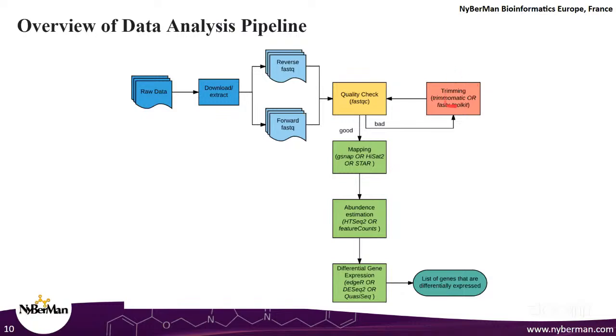After trimming, you do another quality check, and if it passes your quality check thresholds, if you see the reports and feel this is good enough quality for me to go ahead with the analysis, we go ahead and do the next step, which is mapping or alignment. Here we are aligning our reads to the reference genome. If you are studying a human disease, your reference genome is the human reference genome.